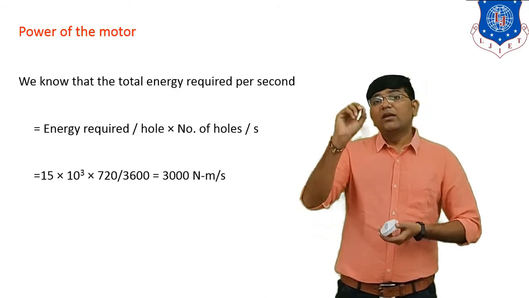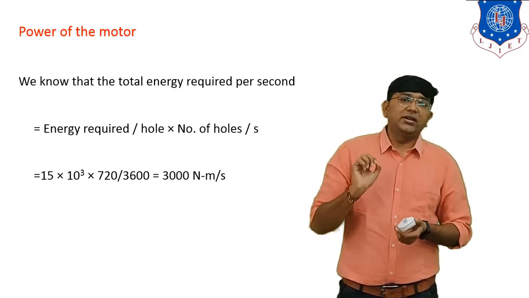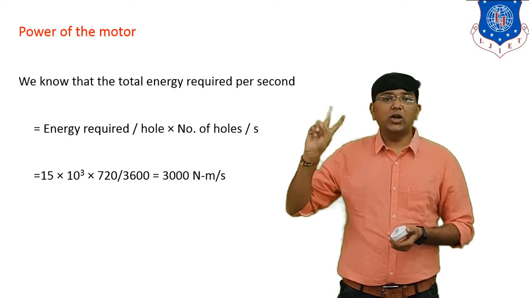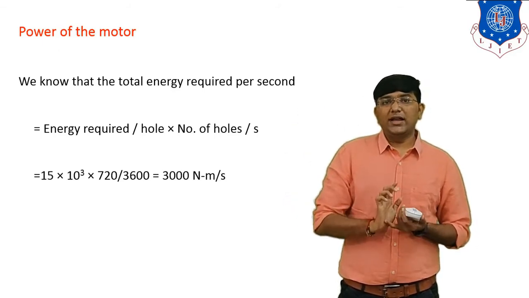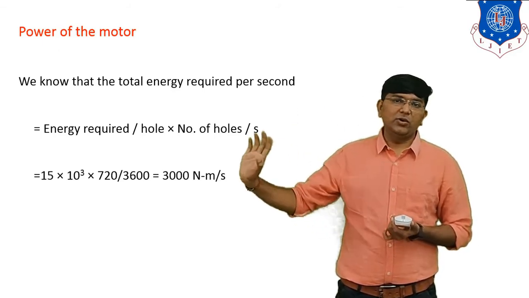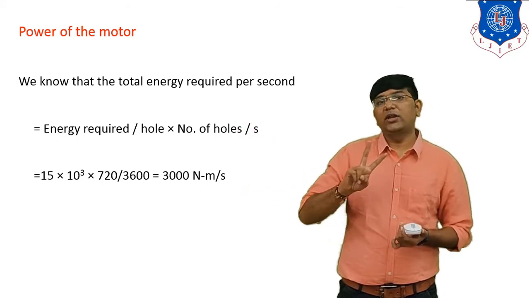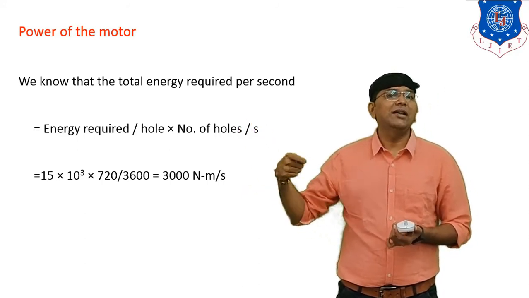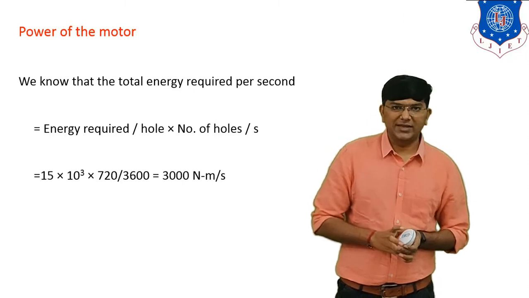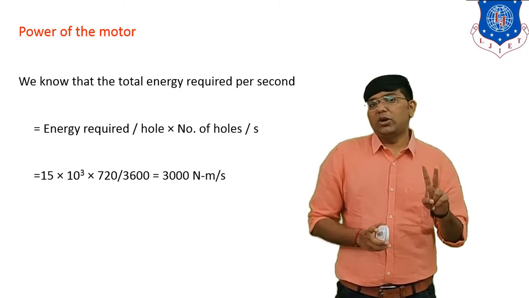Clear? Now the actual punching operation takes 2 seconds. So for 1 second we deliver power at 3000 watt, and for the 2 seconds we have to supply power of 6000 newton meter per second. Now you all know there are two types of energy.